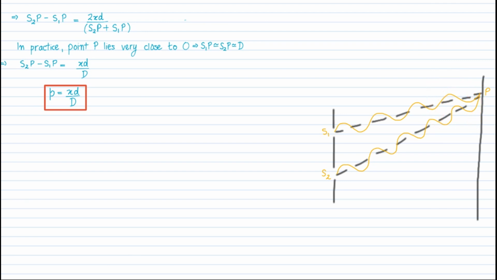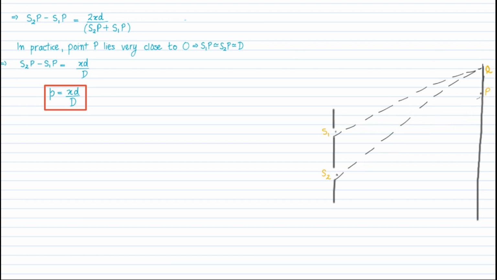In that case, such interference will be a constructive interference. And if it is a constructive interference, then at this point P, you will see a bright fringe.